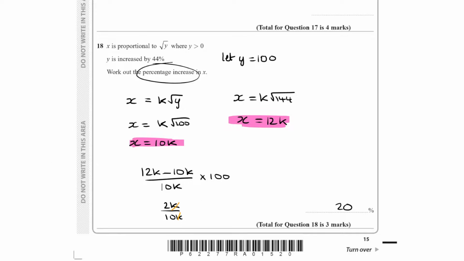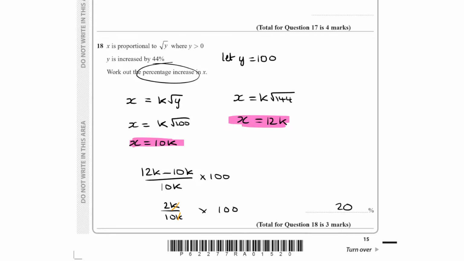Then you get 2 over 10, which is 0.2, which is 20%, or 1/5, which is 20%. That's why I chose to use a number originally, because I could see my starting point was 100%, and now it's technically 120%, which is a 20% increase. You can start with any number you want, but I just like to use 100.